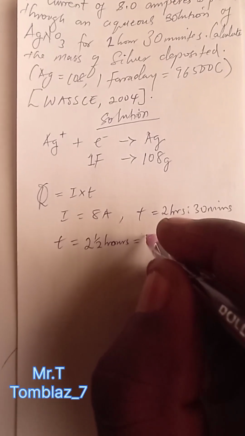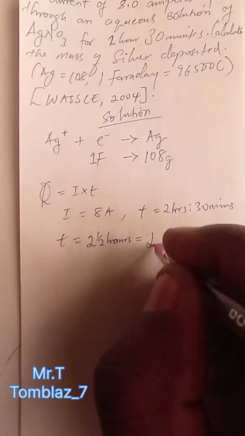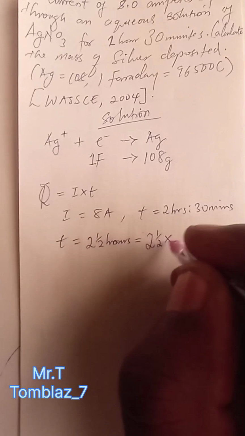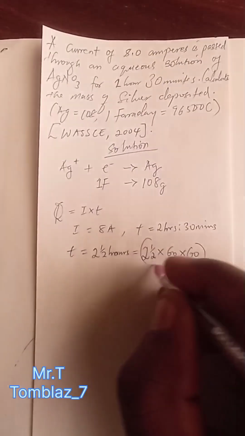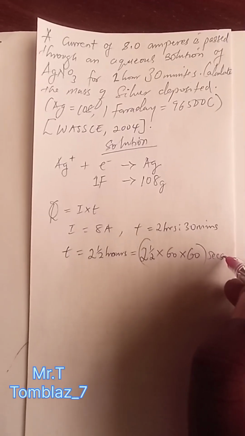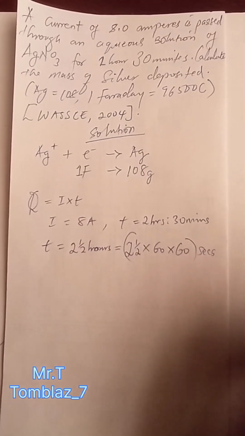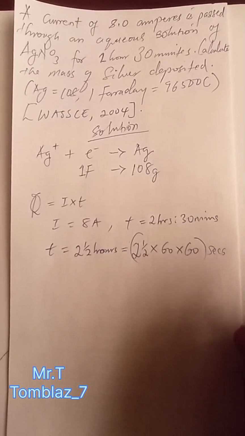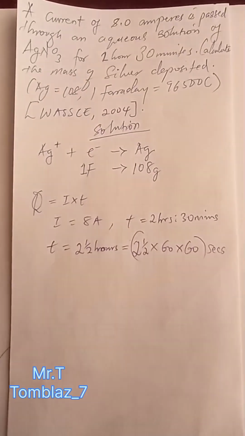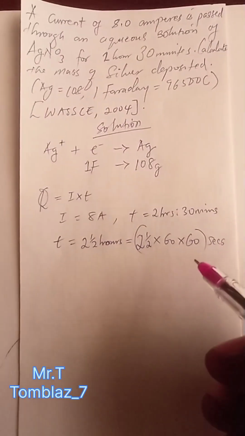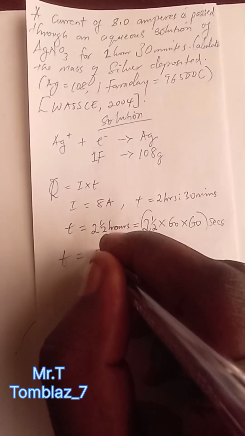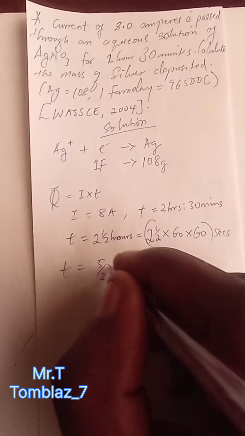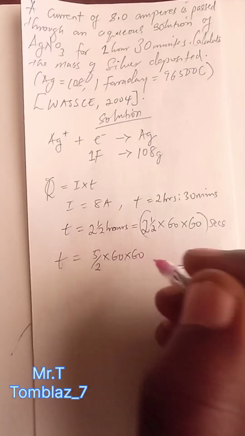So this is equivalent to 2.5 times 60 times 60. So this will give us our answer in what? Seconds. Right? Okay, so let's go about the multiplication. Now, we know that 2.5 means 5 over 2, times 60 times 60.